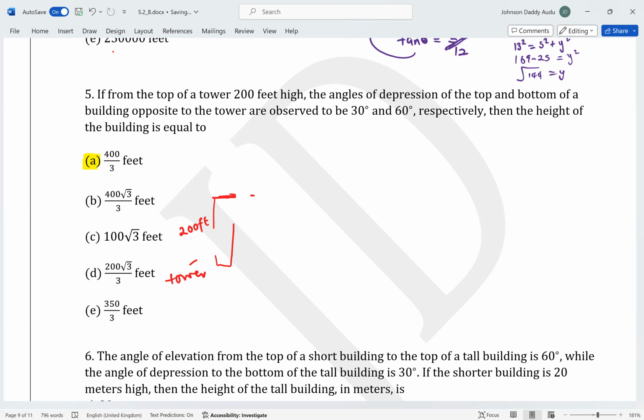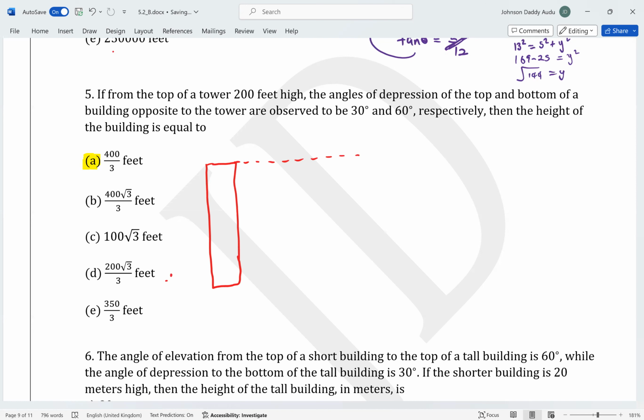So let's change this diagram here, so it's a bit longer. All right, so this is the site. Now, the angle of depression. Here we have 2 angles of depression.